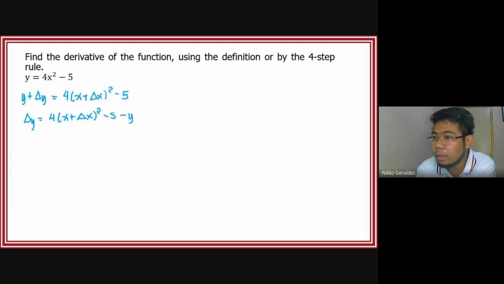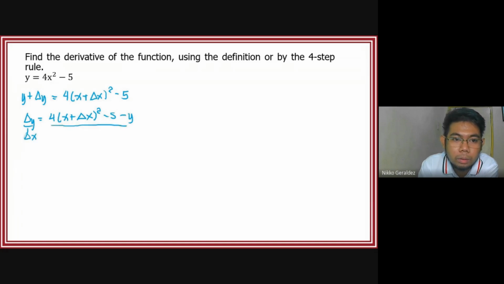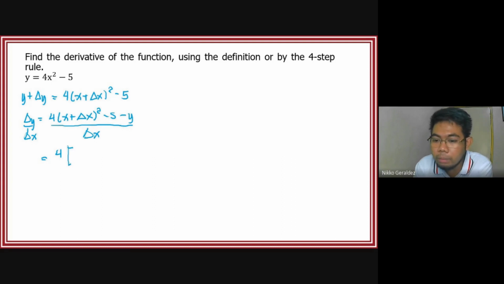Step 3: divide both sides by delta x to form the difference quotient. Divide by delta x, then simplify. So we have 4 times x plus delta x squared. Please expand: x plus delta x times x plus delta x.